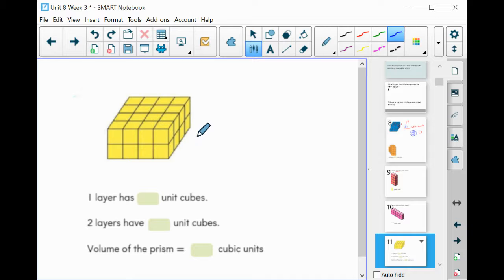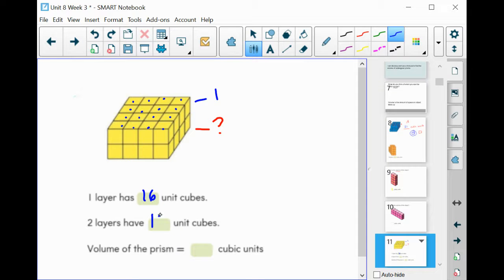Okay, so what we're going to do on this slide is we're going to find how many cubes are in layer 1. And we're actually going to cheat a little bit. I'm going to call layer 1 this top layer because what we can do is count these 1, 2, 3, 4, 5, 6, 7, 8, 10, 11, 12, 13, 14, 15, 16. There are 16 unit cubes in layer 1. So what does that mean we know about layer 2 or that layer underneath?